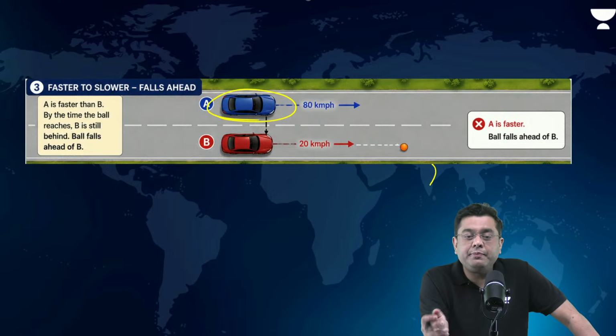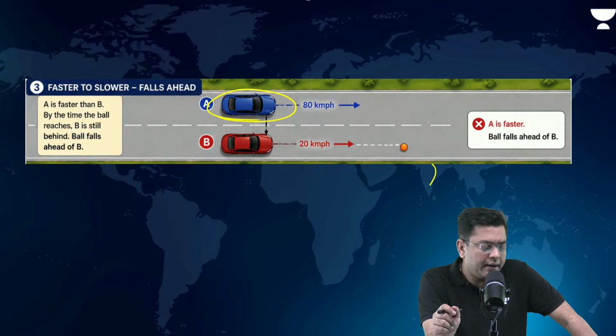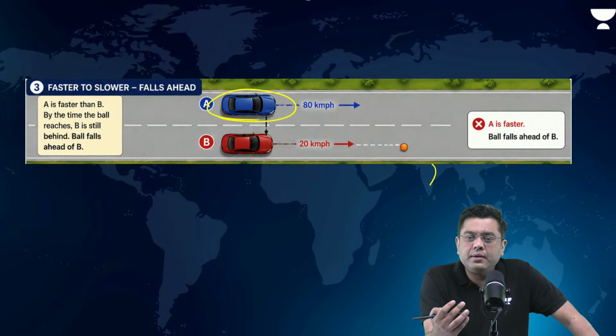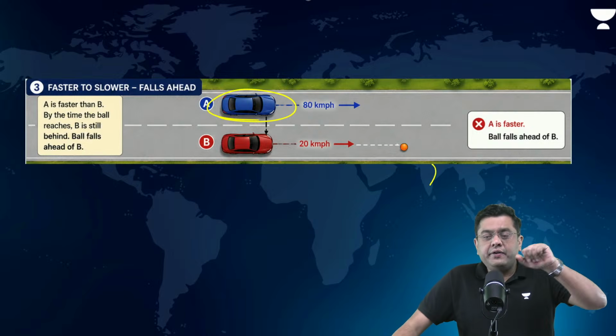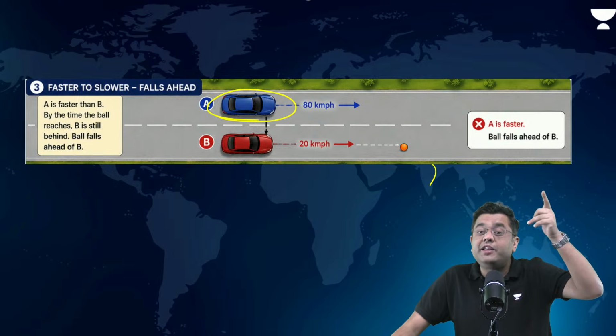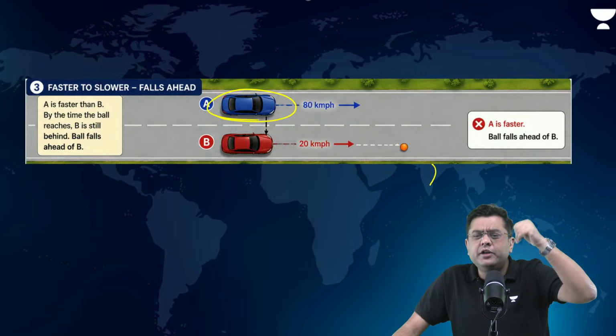Even in military parlance, there is a sniper rifle which is used to fire bullets at a distance of maybe 100 meters, 200 meters, 300 meters, 500 meters, not exactly 1 kilometer.